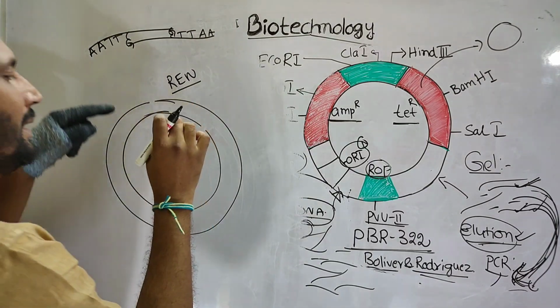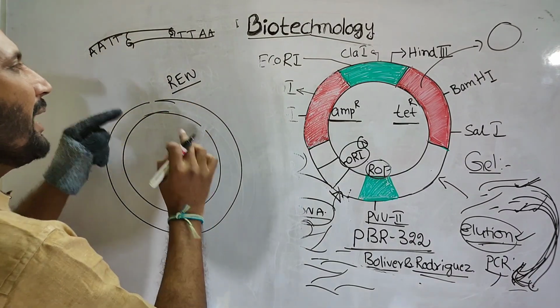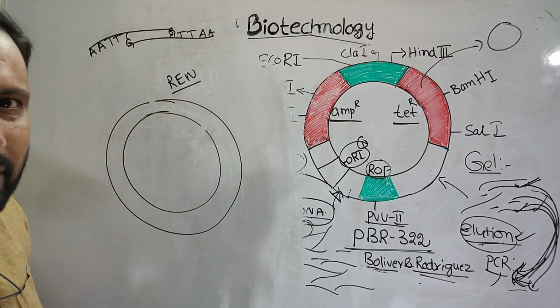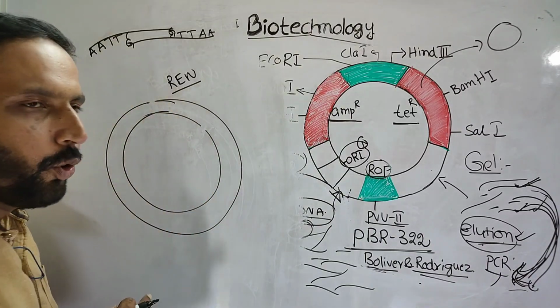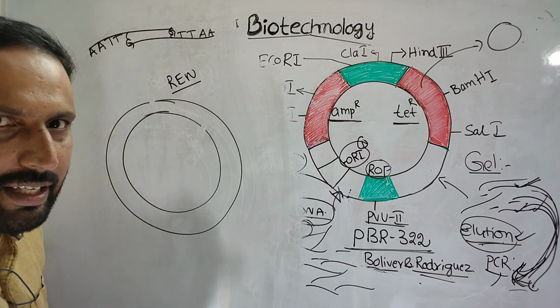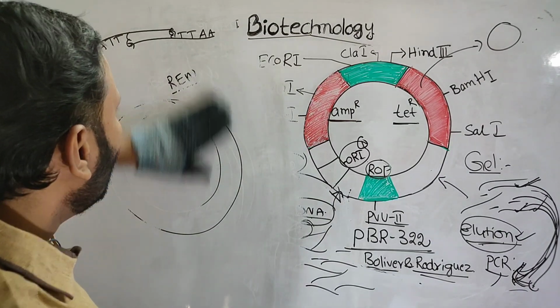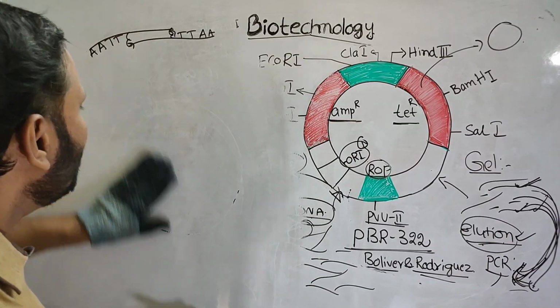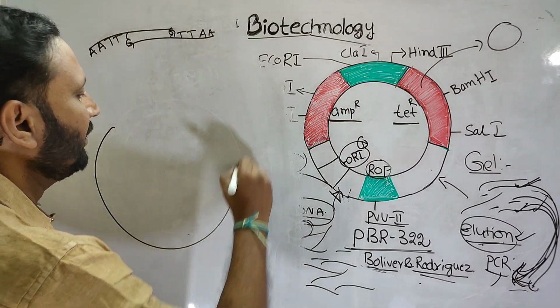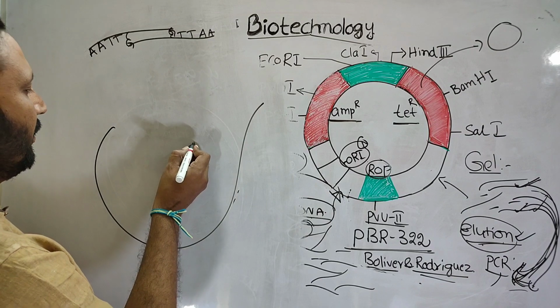Now this vector should also be cut by the same restriction endonuclease enzyme. EcoRI here also recognizes the GAATTC site and cuts between the G and A. When it cuts, the circular DNA becomes a linear DNA like this.